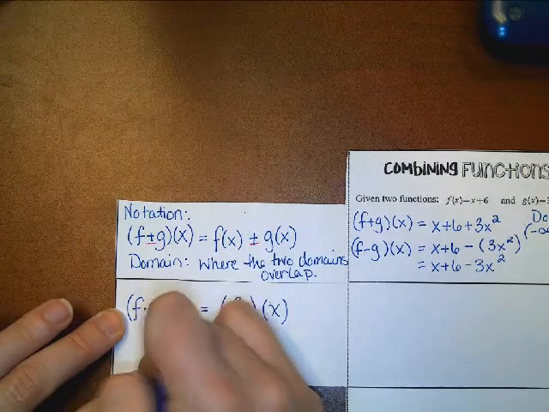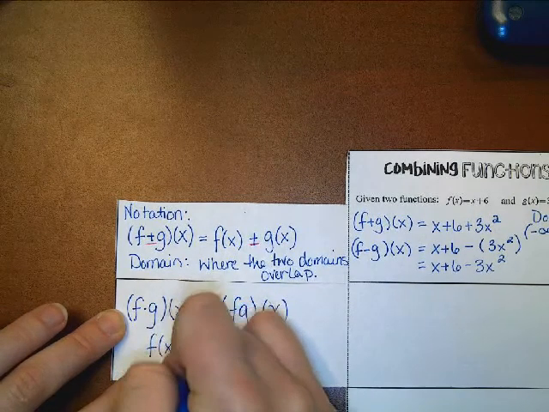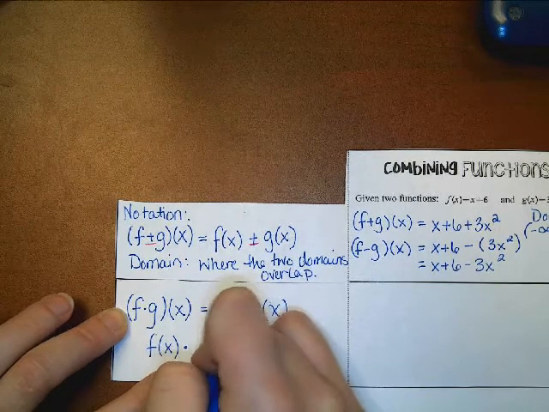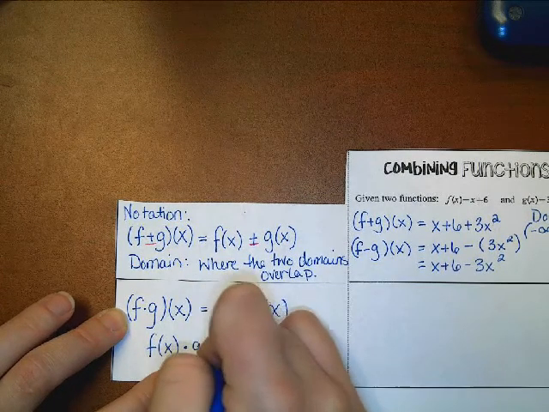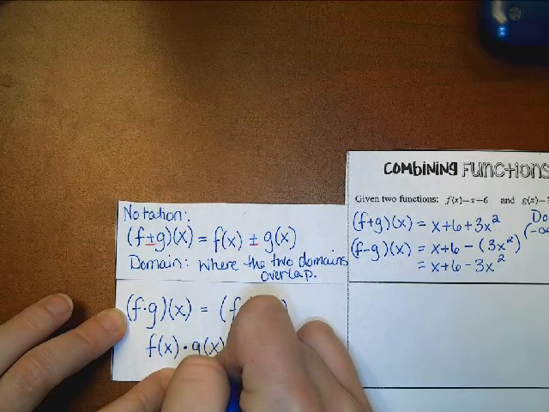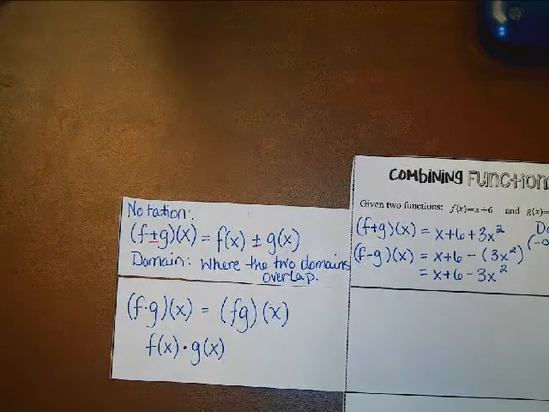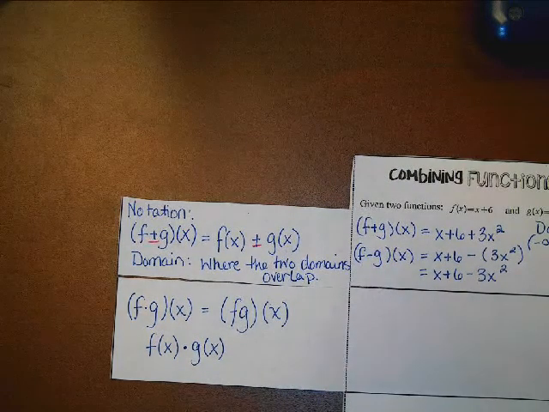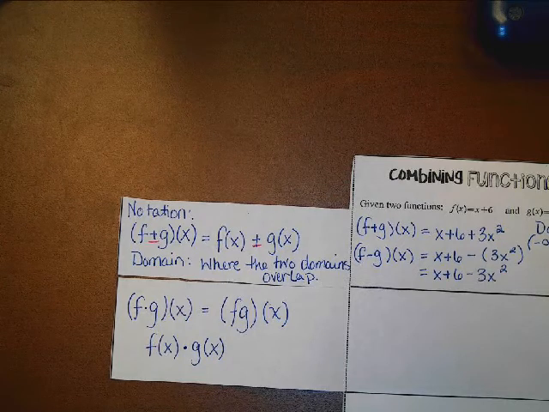You might see that. And that's literally just f of x times g of x. And again, the new domain will just be where the two domains overlap, okay?